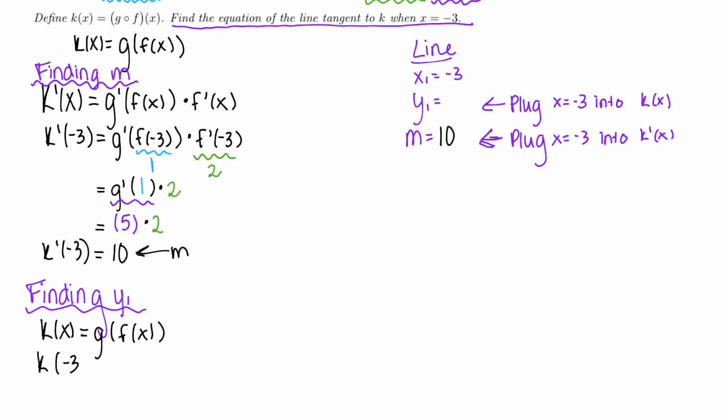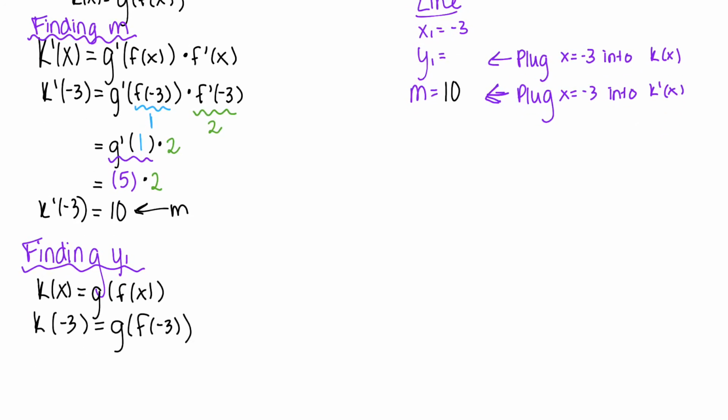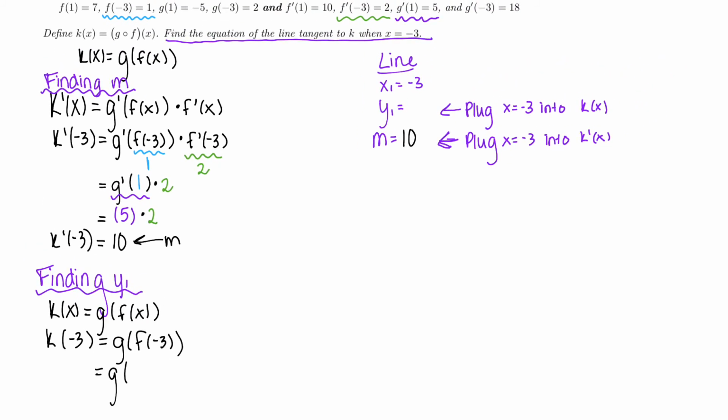So k of -3 is g of f of -3. f of -3, once again, we already found that was 1. Now we need g of 1. And g of 1 is -5.